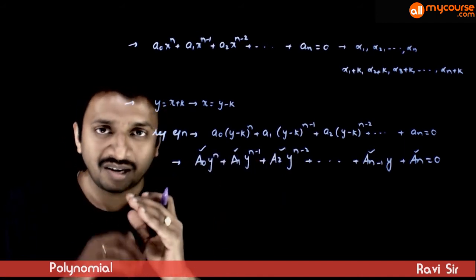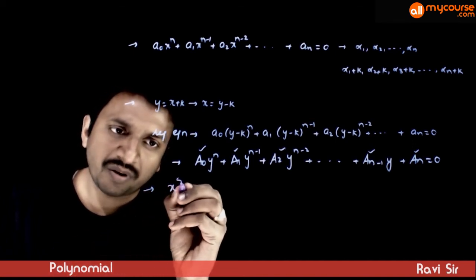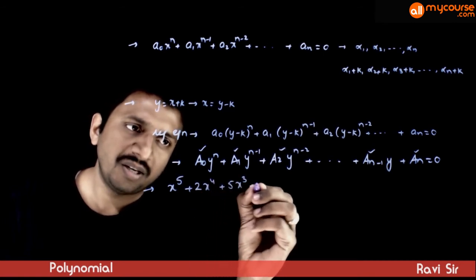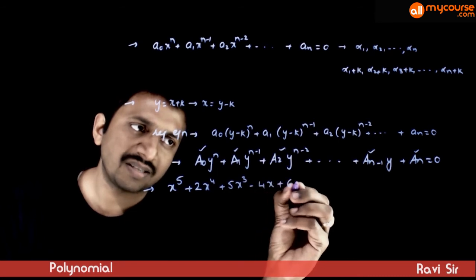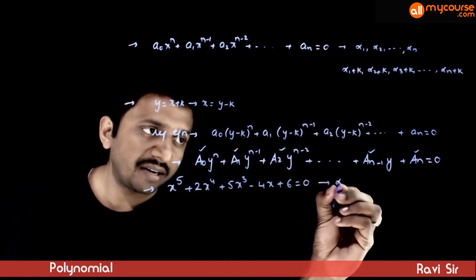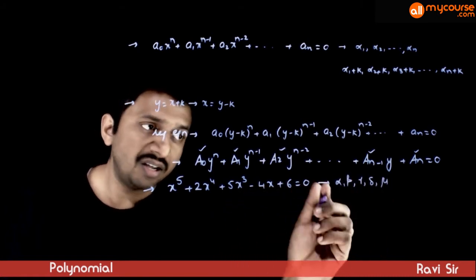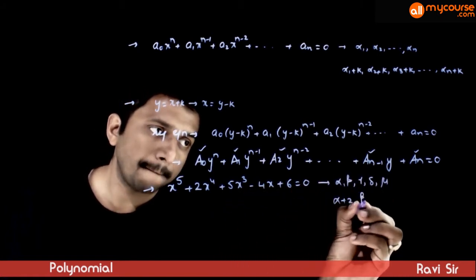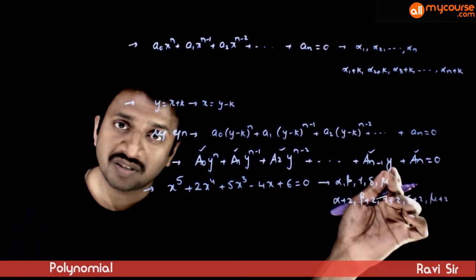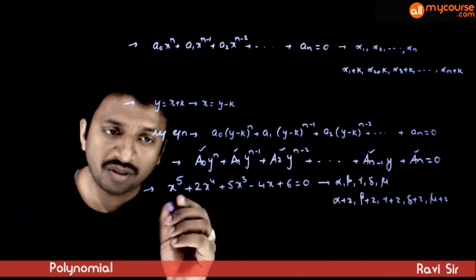Let us take an example to see the difficulty here. If you have an equation of the form x power 5 plus 2x power 4 plus 5x cube minus 4x plus 6 is equal to 0, and you want an equation whose roots exceed the roots of this equation by 2, what you need to do is put y minus 2 in the place of x.